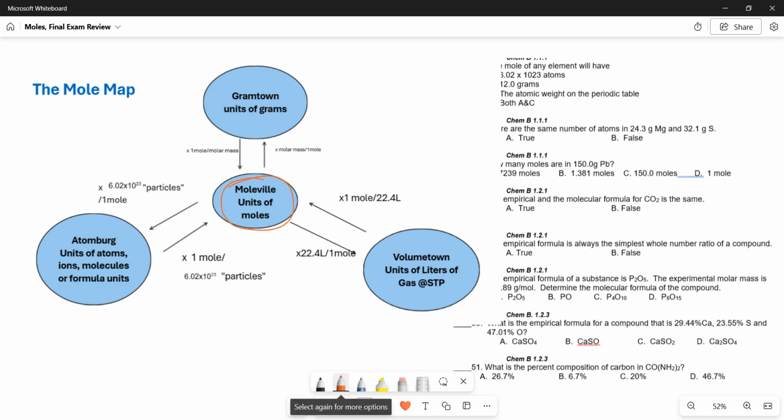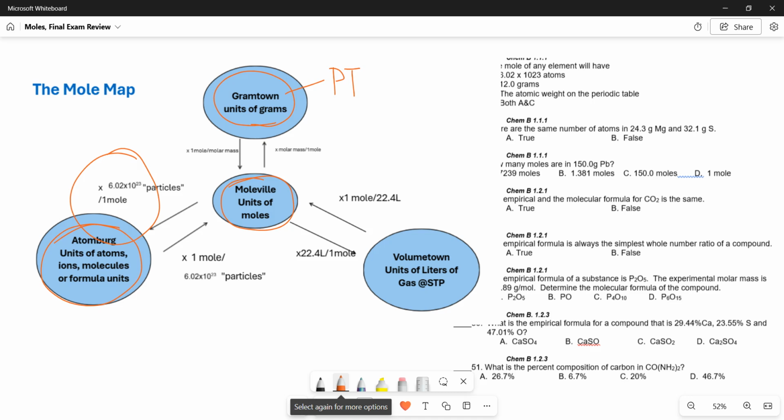The relationship of moles is that there's a mass that's equated to the substance, and we get the mass from the periodic table. With moles there's a number of particles, and those particles can be atoms or ions or molecule units or formula units, but it doesn't matter. It's always Avogadro's number, 6.02 times 10 to the 23rd.